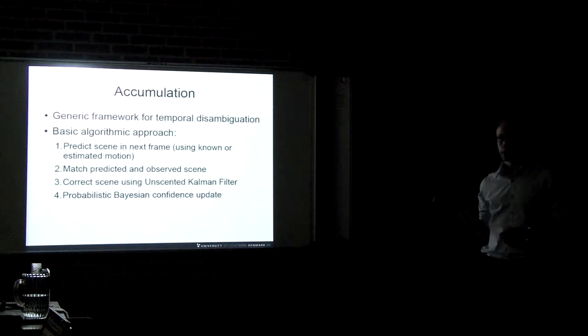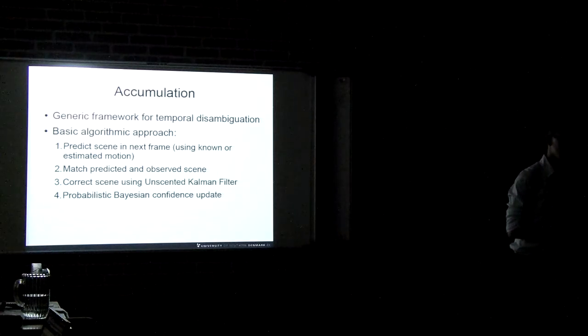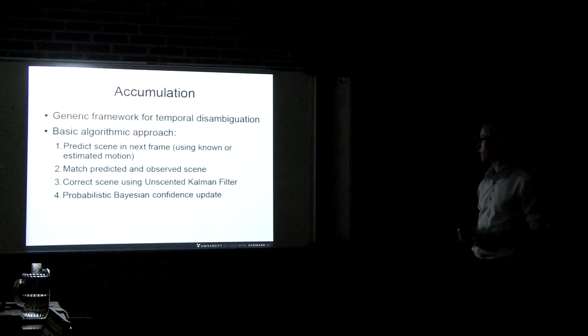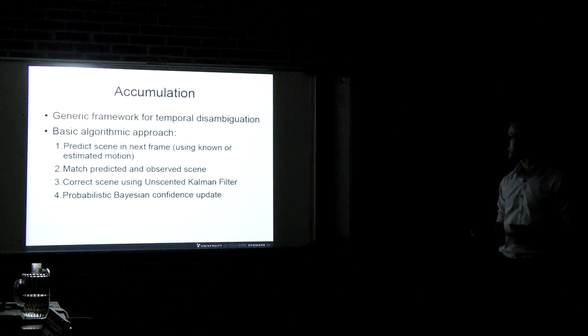This means that we need to have an uncertainty associated to all of our features. So we do that during extraction. We compute an uncertainty for all our parameters, and then we use an unscented Kalman filter because our transformation is highly nonlinear.